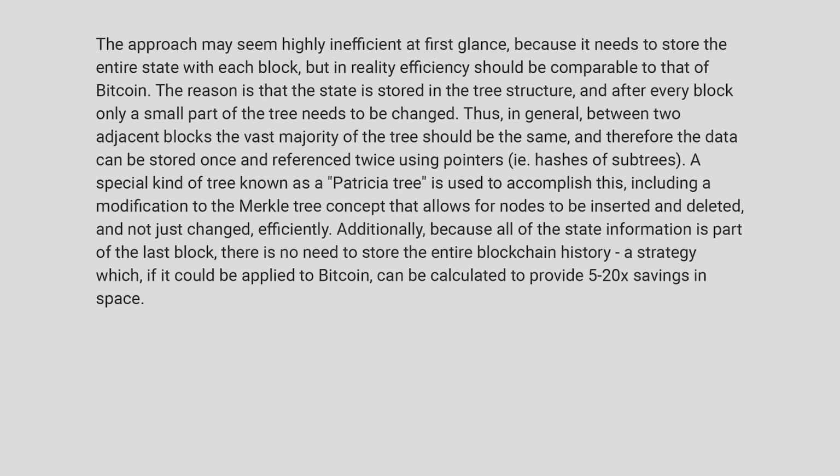Thus, in general, between two adjacent blocks, the vast majority of the tree should be the same, and therefore the data can be stored once and referenced twice using pointers, i.e. hashes of subtrees. A special kind of tree known as a Patricia tree is used to accomplish this, including a modification to the Merkle tree concept that allows for nodes to be inserted and deleted, and not just changed, efficiently.